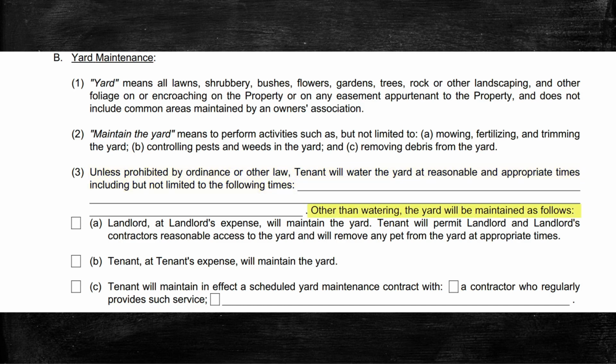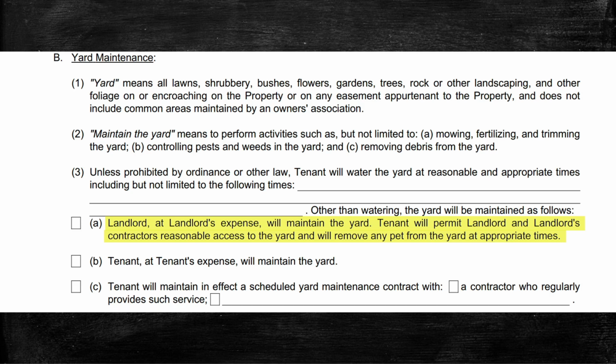The lease goes on to say, other than watering, which is always the tenant's obligation, other than watering, the yard will be maintained as follows. And then we get some check boxes to decide how the yard is maintained. Either the landlord will maintain the yard at their own expense.